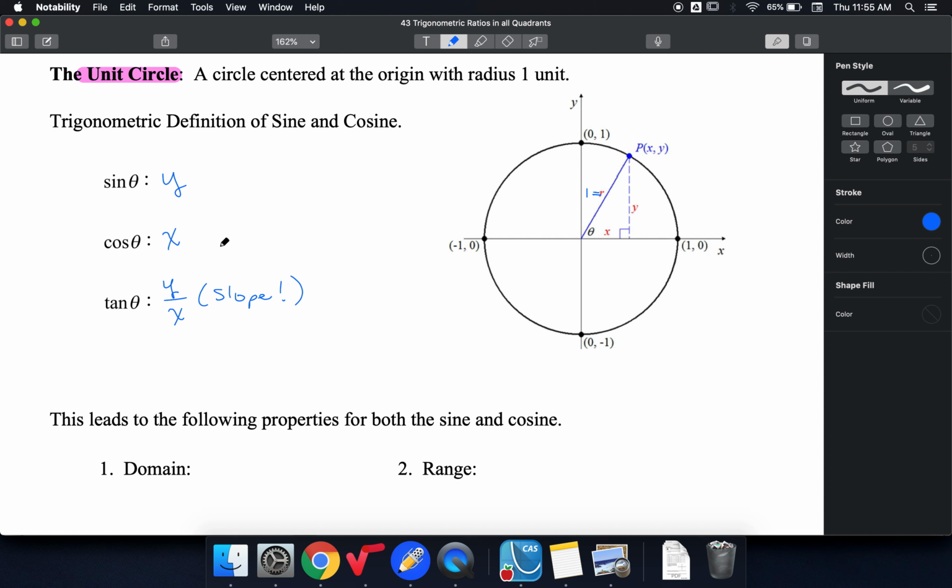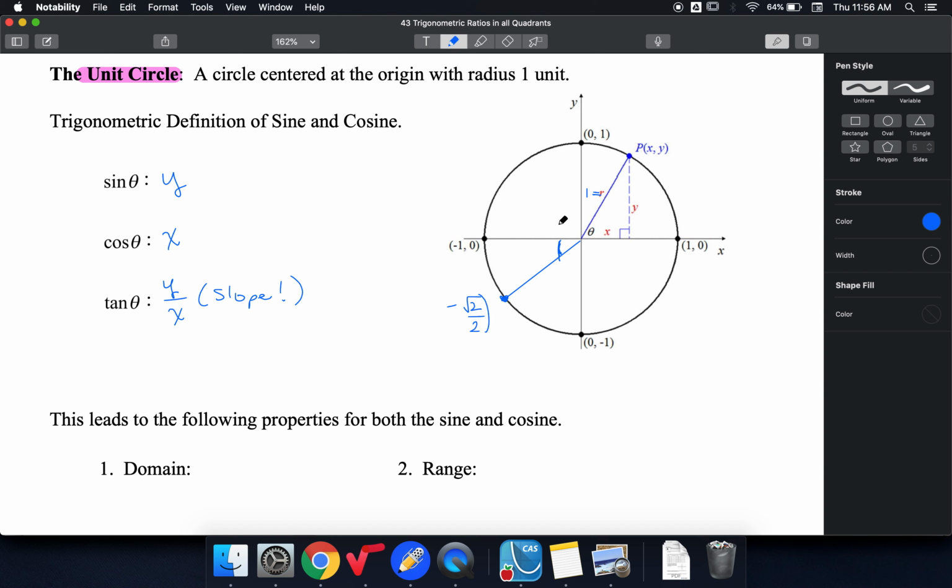So for example, if we had an angle of 5 pi over 4, so there's pi, and if I add another pi over 4, I end up down here. So for this angle, 5 pi over 4, my reference angle is pi over 4. We know that sine of pi over 4 is root 2 over 2, but sine of 5 pi over 4 is a negative value, and it's going to be negative root 2 over 2.